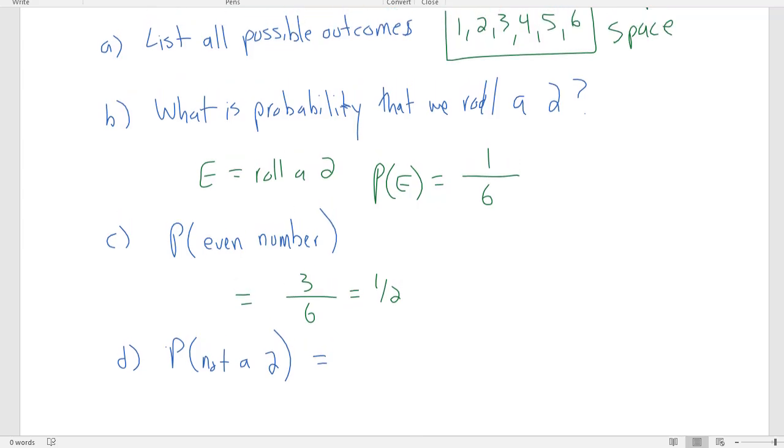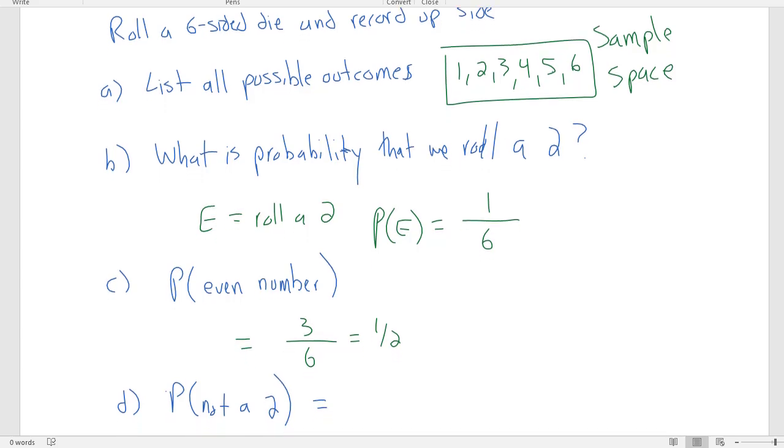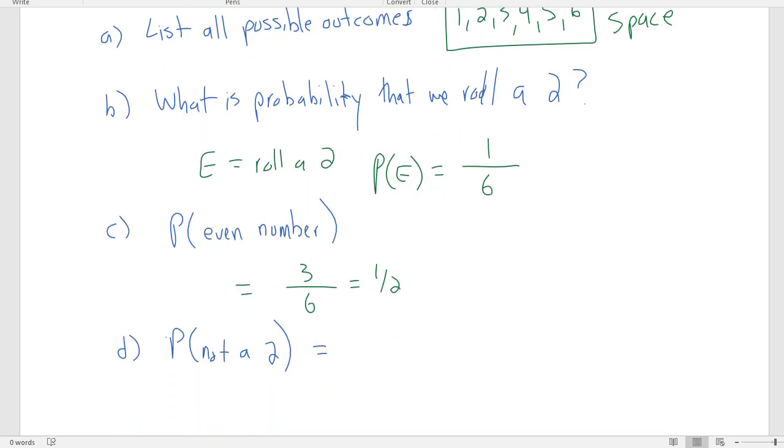In my sample space, how many things are not a 2? If one of them is a 2, then 1, 2, 3, 4, 5 of them are not a 2. My sample space is pretty small, so I can count like we just did. Out of the 6 outcomes, 5 of them were not a 2.